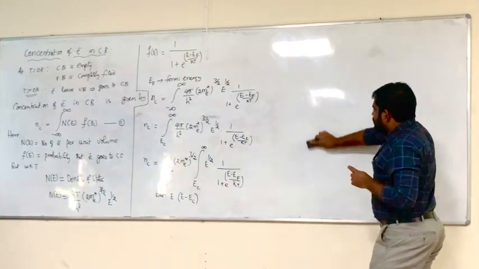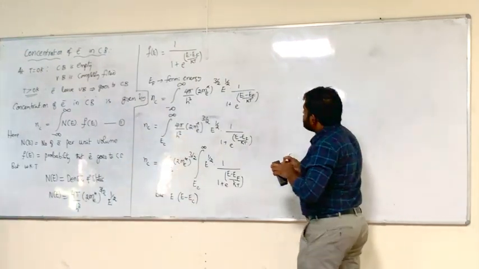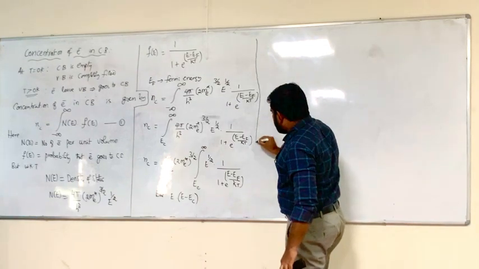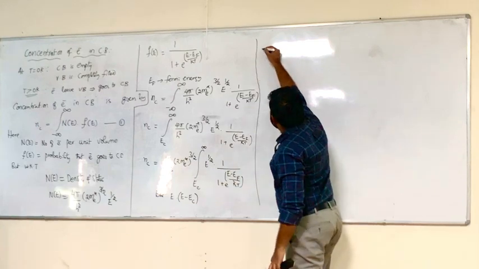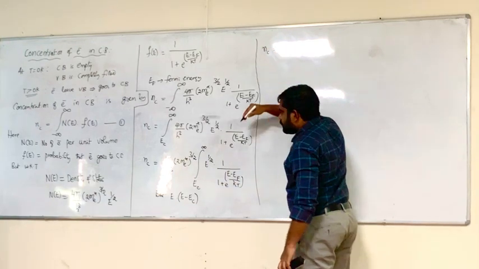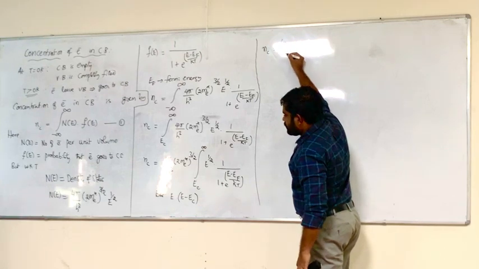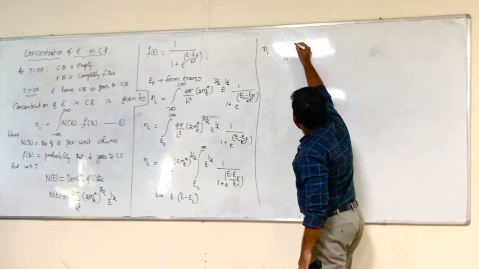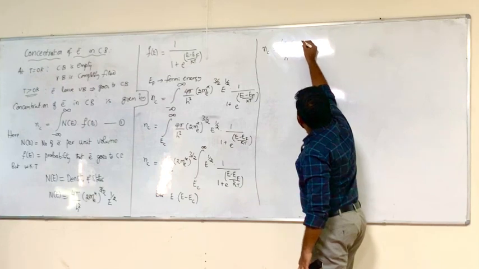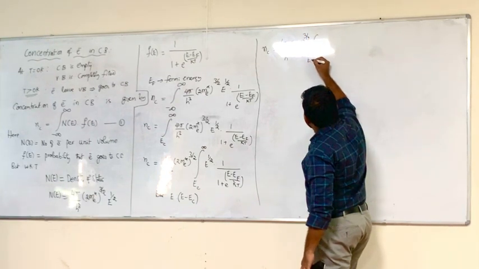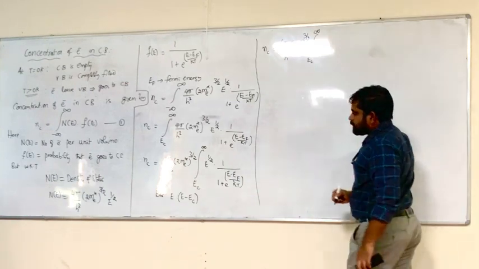How does it modify? Nc is equal to 4π/h³ (2m_e*)^(3/2) integral from Ec to infinity.